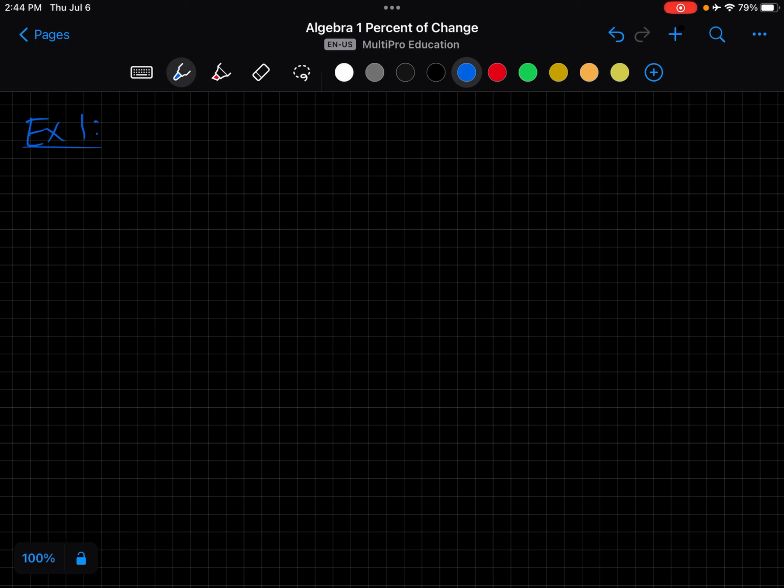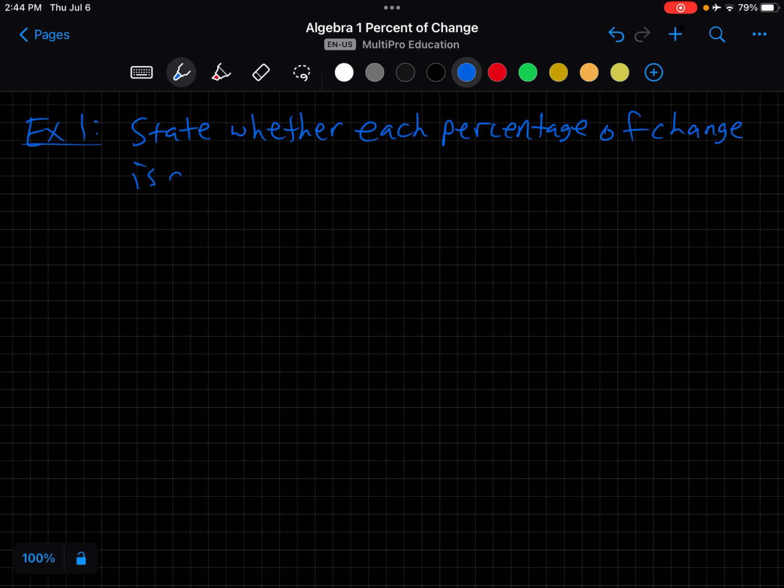Okay, we want to state whether each percentage of change is a percent of increase or decrease.